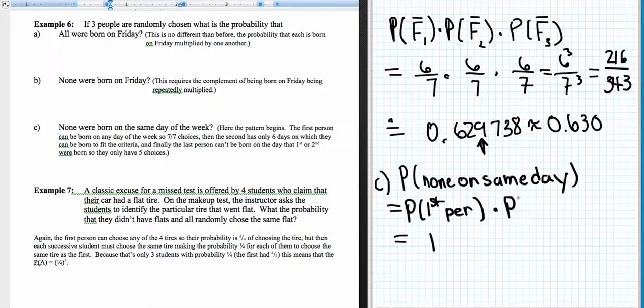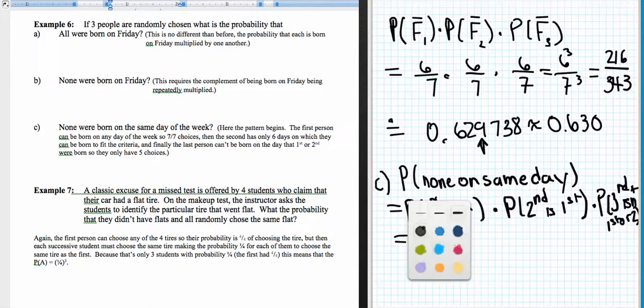And then the probability that the second isn't the same as the first person, and the probability that the third isn't the same as the first or the second. So that one says, okay, well, if this person is born on Wednesday, then I can't choose Wednesday, but the second person could have Thursday, Friday, Saturday, Sunday, Monday, or Tuesday, so they have 6 out of 7 choices.